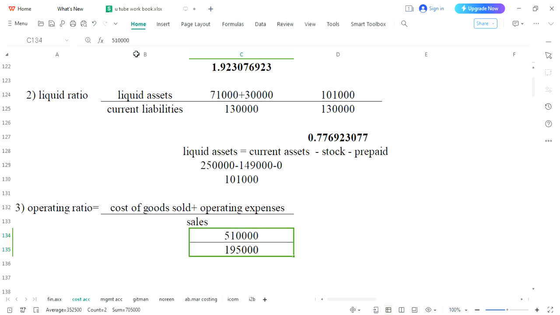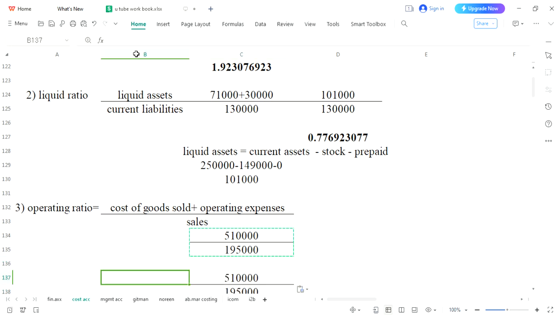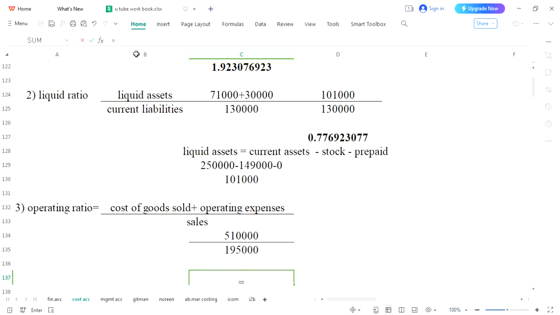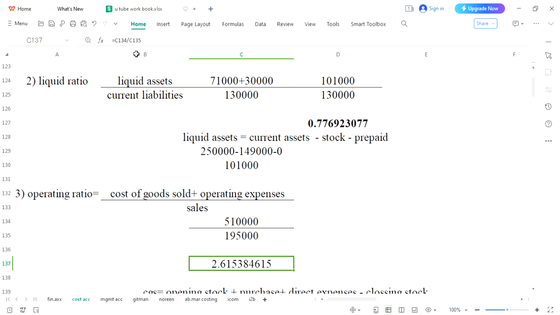Now let's calculate them. First, we need to see cost of goods sold plus operating expenses, its sum, and then we need to divide it by sales. So we have got our answer.